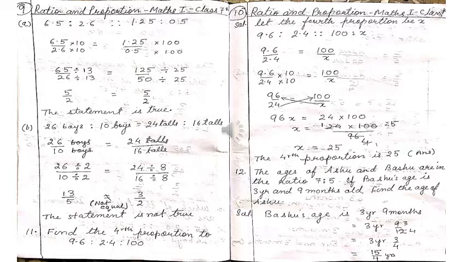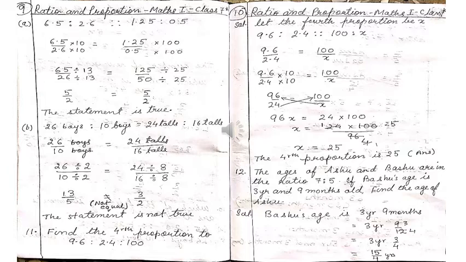Now further it cannot be divided because they are prime numbers. And now here 3 upon 2. Now 13 upon 5, and on the other side 3 upon 2, are they same? No, they are not equal, so that statement is not true.